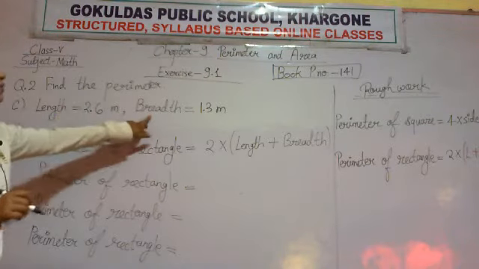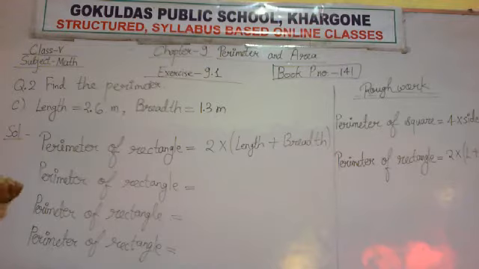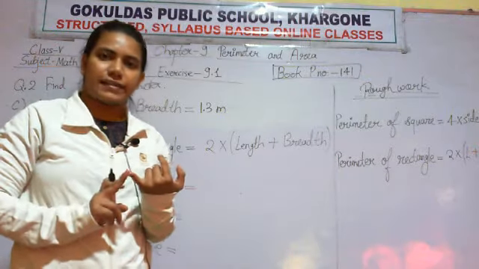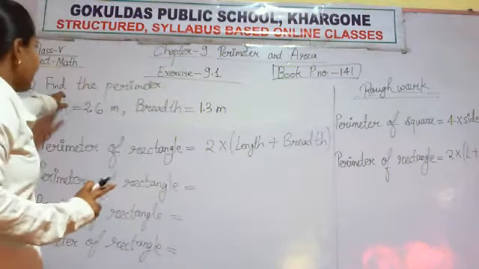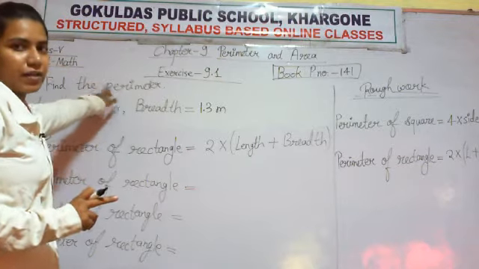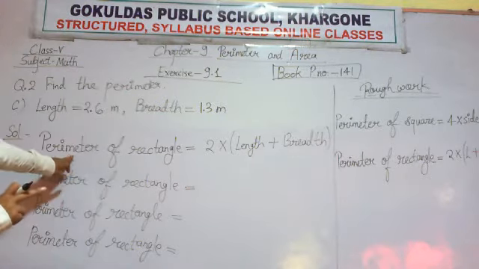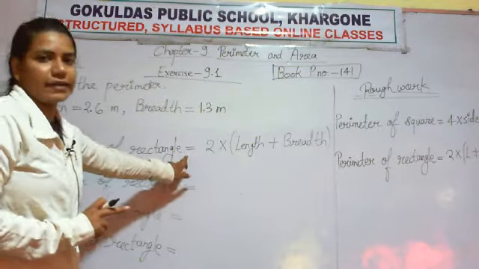Now as length and breadth are given, it is clear that we are talking about a rectangle. We are talking about which figure? We are talking about rectangle, and we are finding perimeter. Our question is find the perimeter. So we are using the formula of perimeter of rectangle.